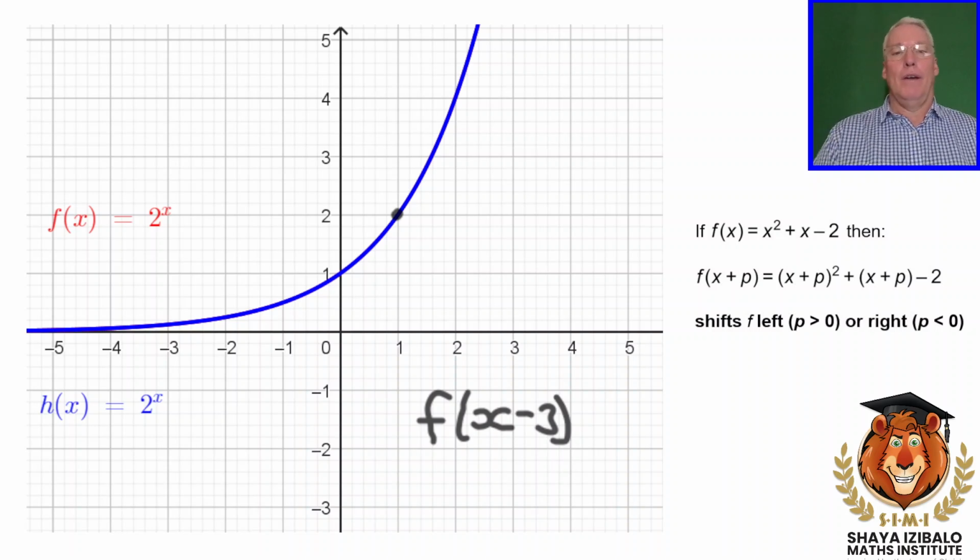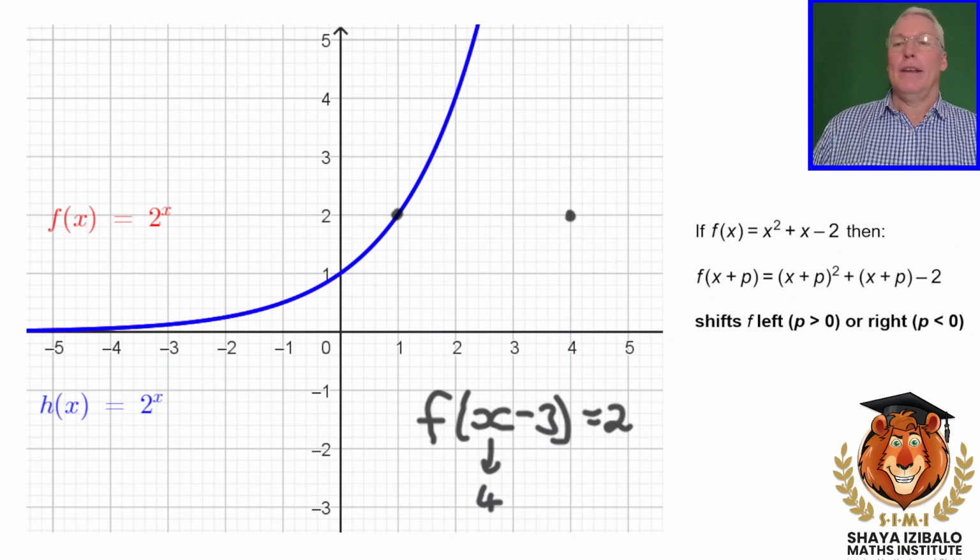Right. Now, in order to get 2 out, remember, when we put 1 into the function, we get 2 out. So the x value that will give us 2 out is actually 4. So if we plot f of x minus 3, that point will actually happen over here.